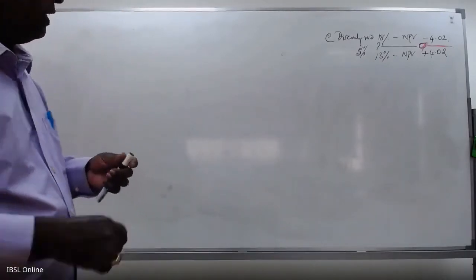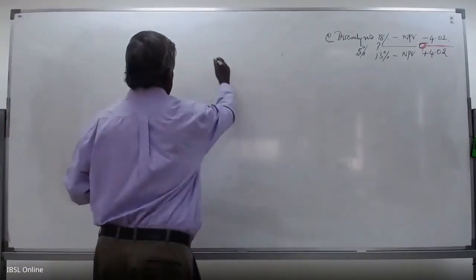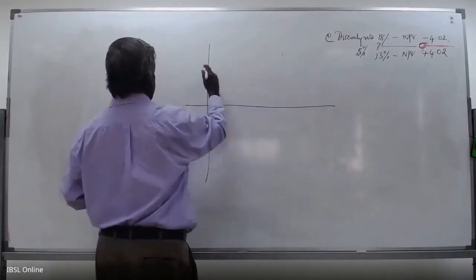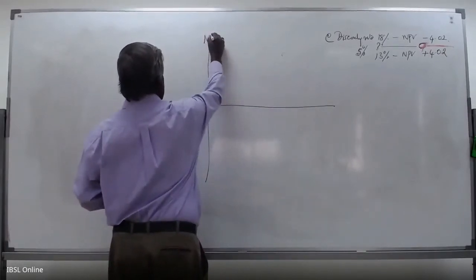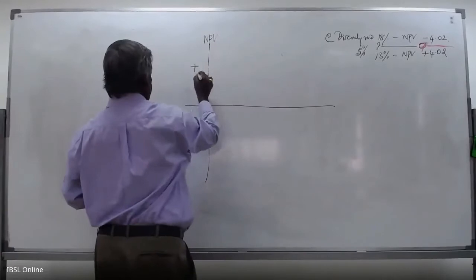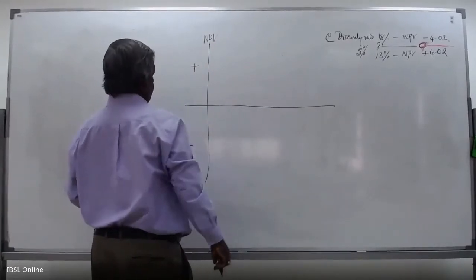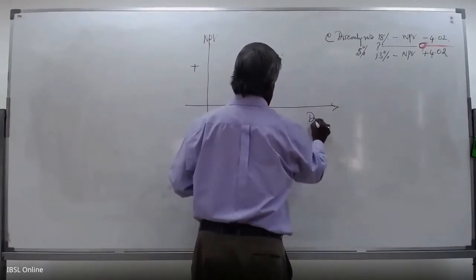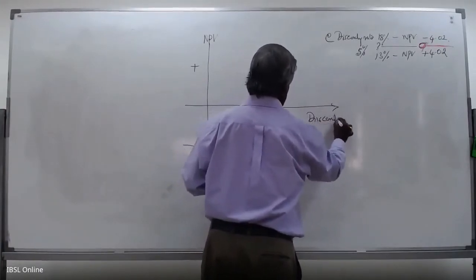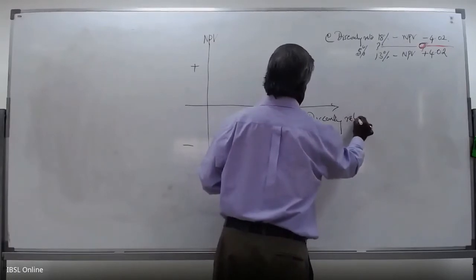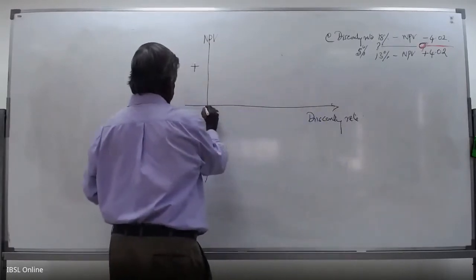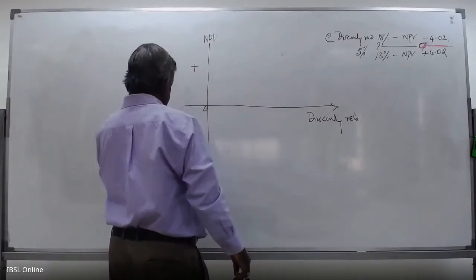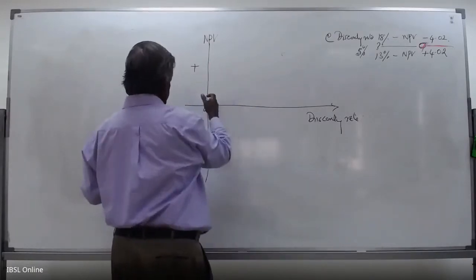So you can plot a graph. Here we take NPV on this axis: here it is positive, here it is negative. On this axis, we take the discounting rate, and here it is 0. Here NPV is 0.